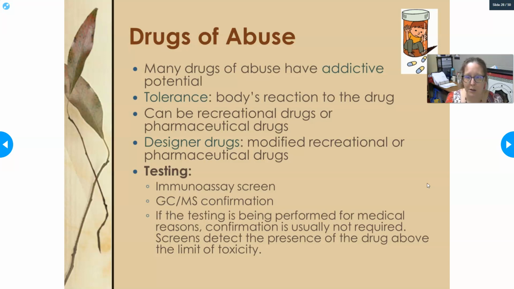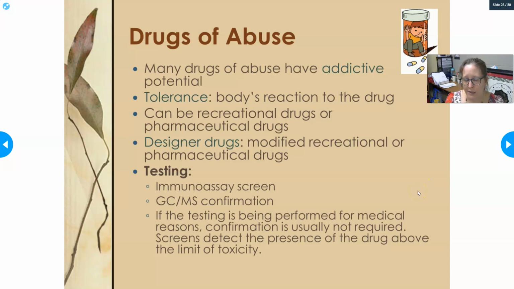Designer drugs are usually modified recreational or pharmaceutical drugs and can be somewhat harder to detect because they're not quite the same. Testing is generally done by screening with immunoassay and then confirmation by gas chromatography mass spectrometry.